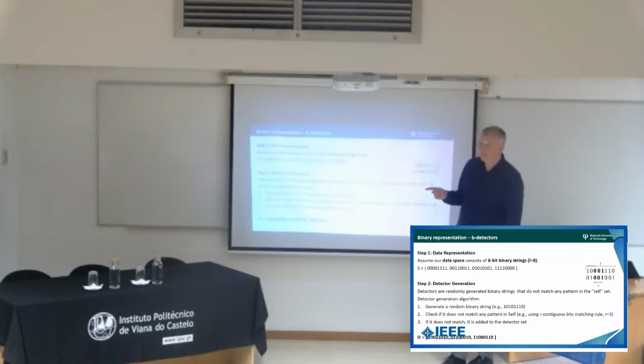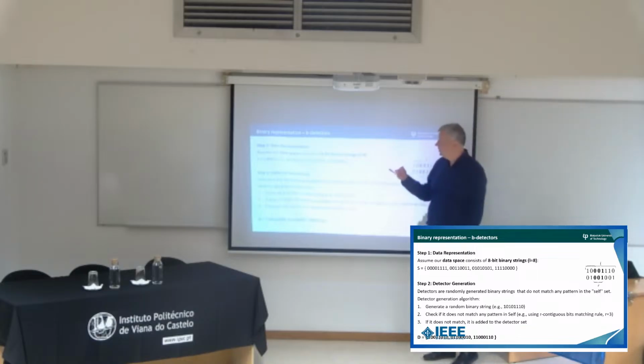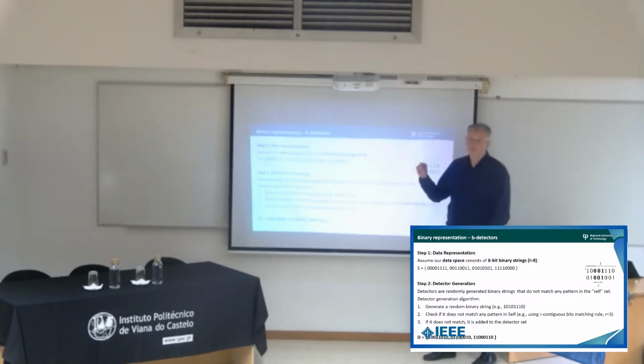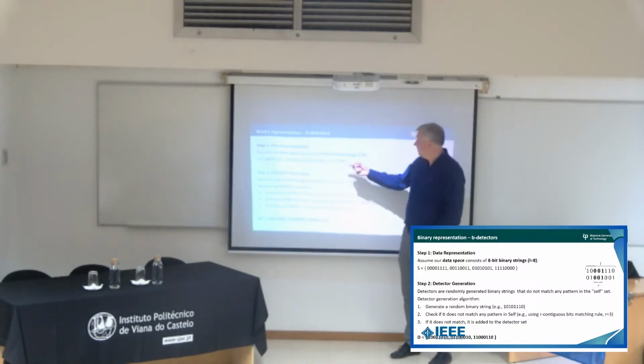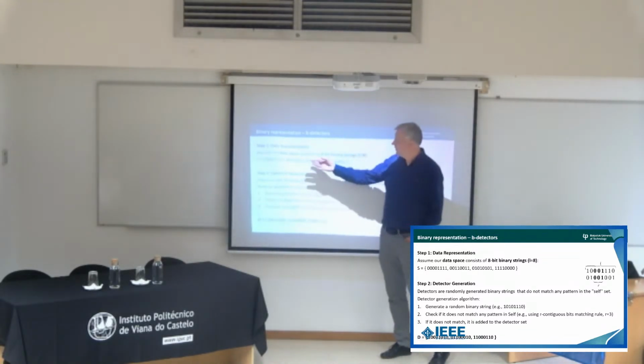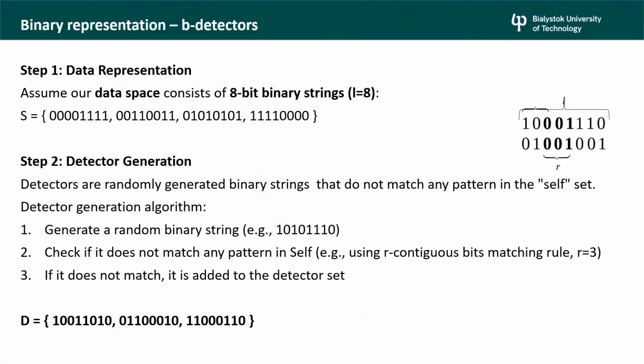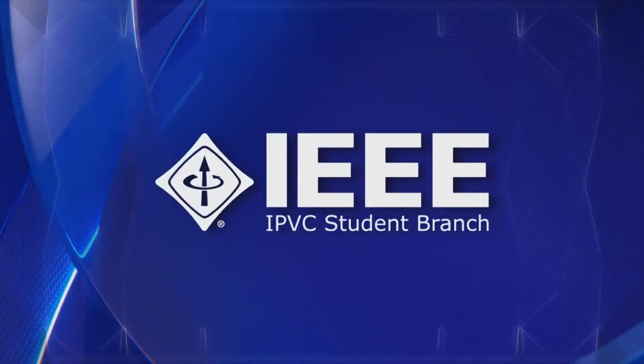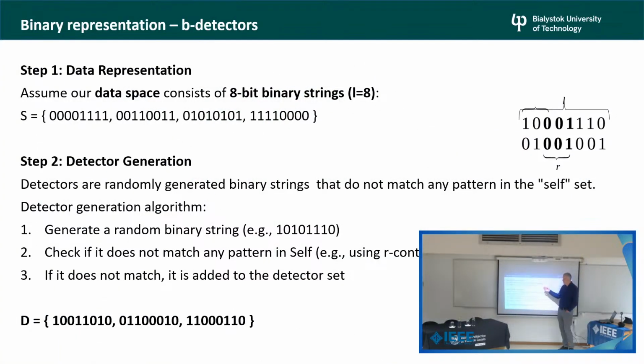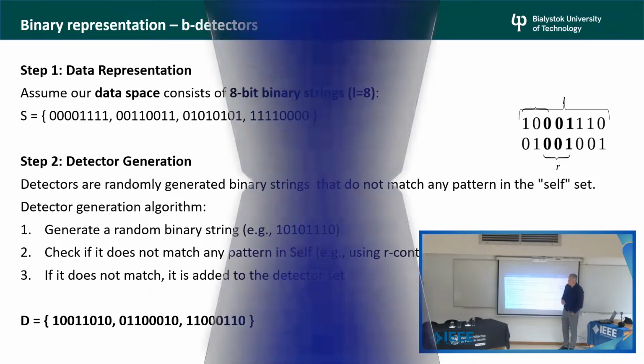Let's start with binary detectors. As I said, here all data are represented by binary strings. For example, we have a self set. Our patterns are represented by 8-bit binary strings, L is equal to 8.